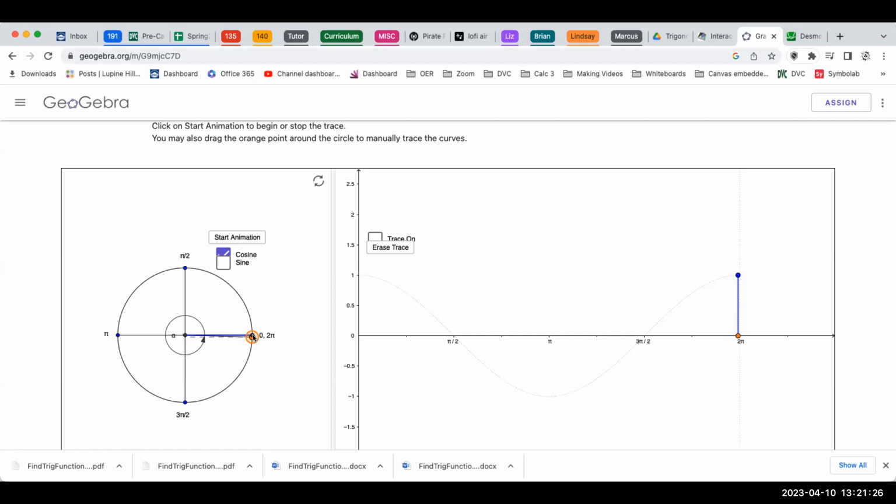And so the textbook normally says a period is defined when you do this shift, it ends up being right on top of itself. If I was to shift it only pi, the graph would end up looking something like this over here, and it doesn't land on top of itself.